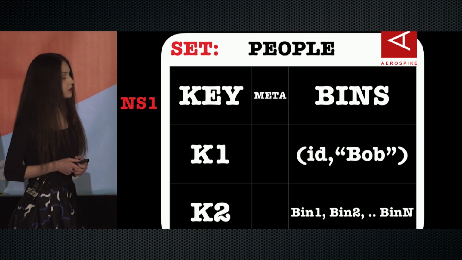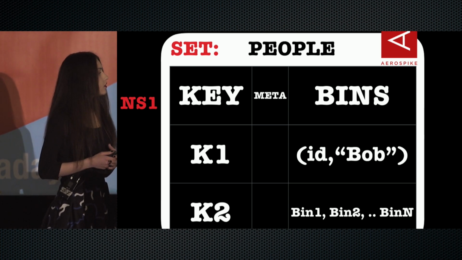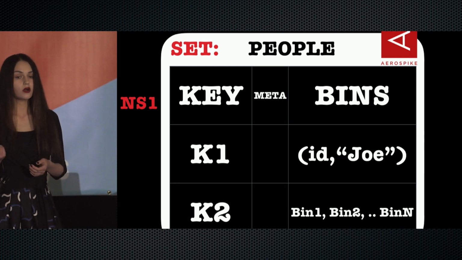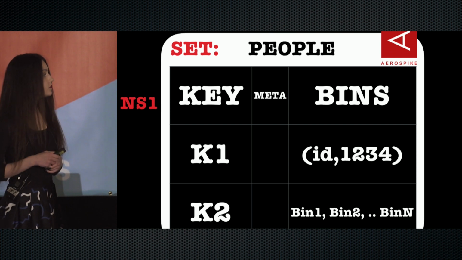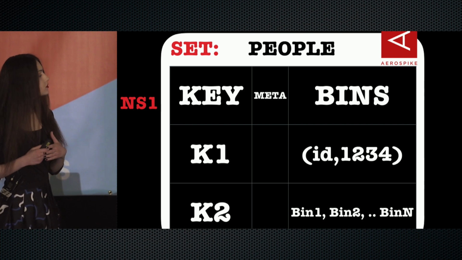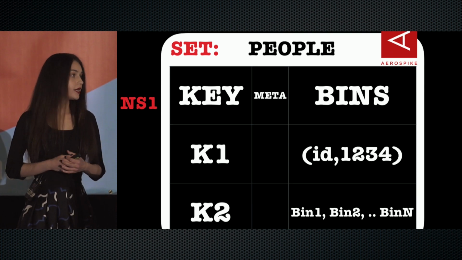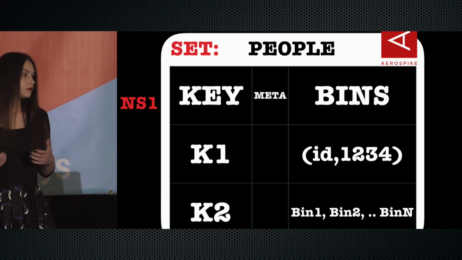For example, for the record ID with the string value Bob, the value of this bin can always change to a different string value, like Joe, or even to a different data type, like integer. All bins can be any natively supported data type, like string, int, map, and so on.